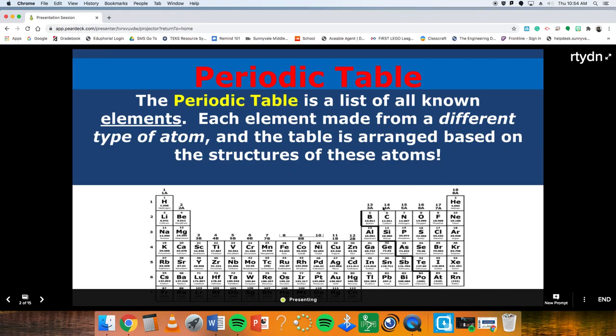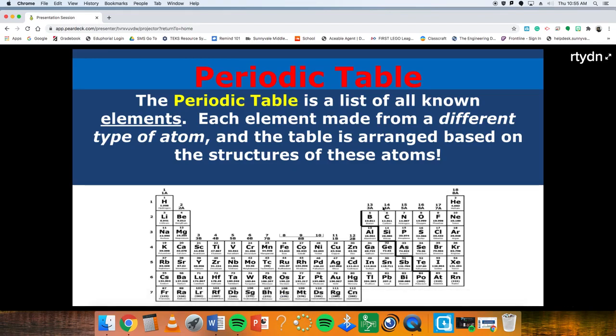The periodic table is a list of all known elements, each element made from a different type of atom, and the table is arranged based on the structures of these atoms. Pretty self-explanatory. We use table salt, sodium. If you know the elements that are in there, it's Na and Cl.